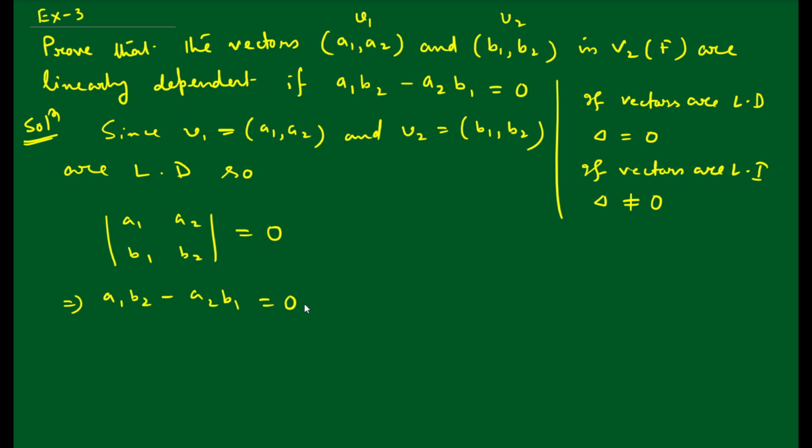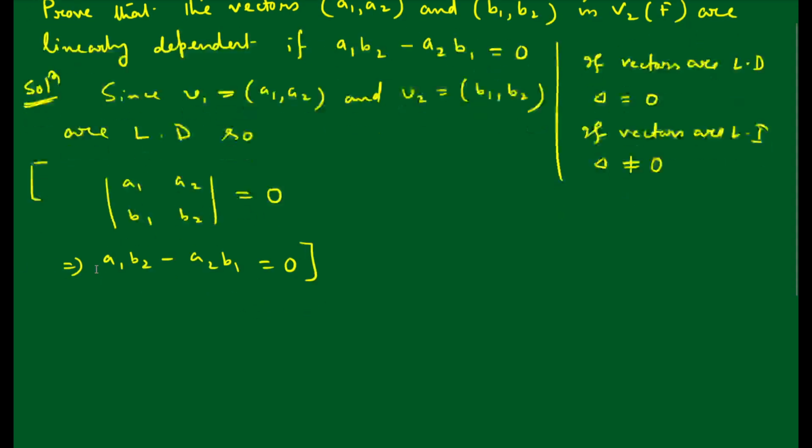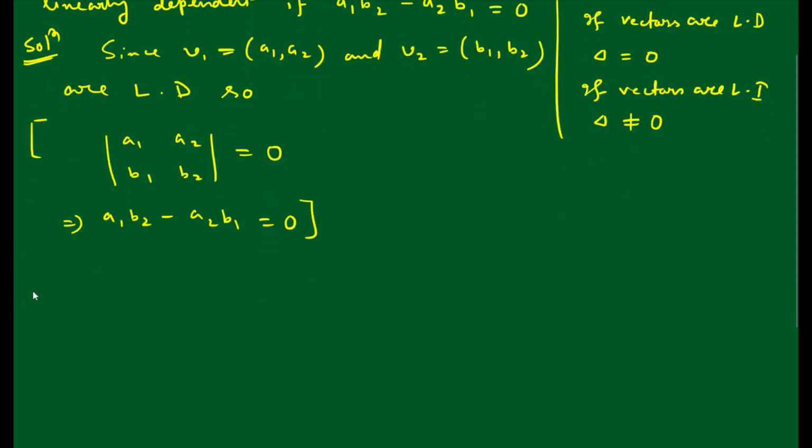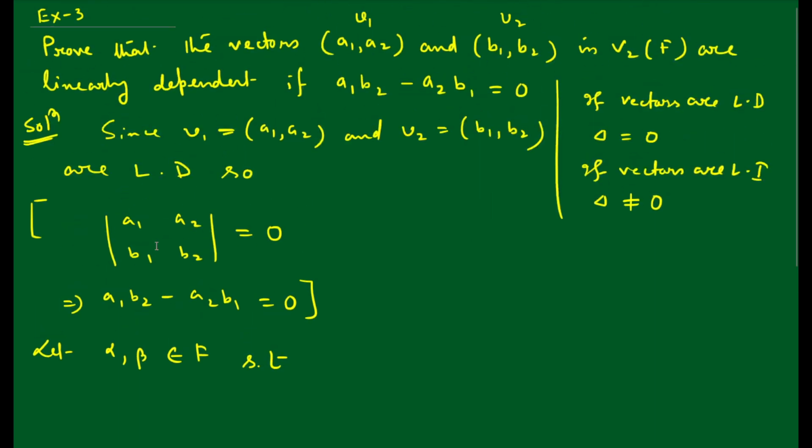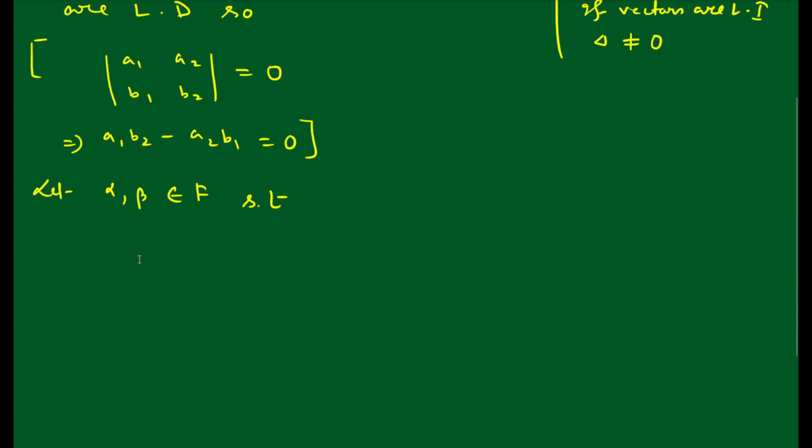Or before writing this particular part, you can start like this also, because in some books you will find the solution like this. Let us take two scalars. Let alpha, beta belong to F, be two scalars, such that, what is the field here? Anything given? Okay, F. Such that alpha V1 plus beta V2 equals 0 bar.